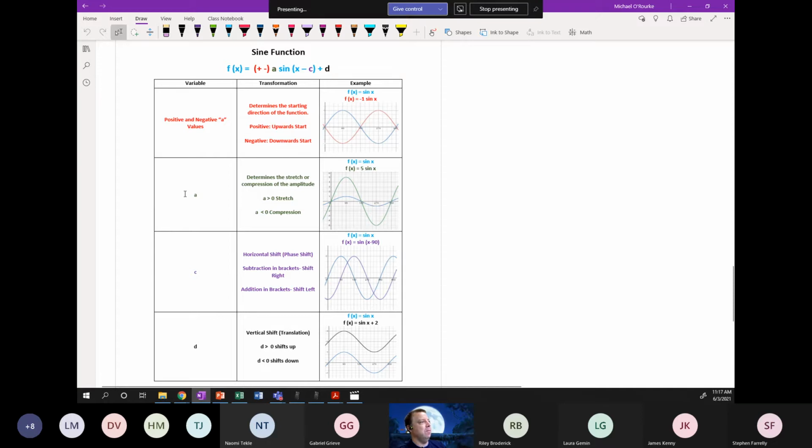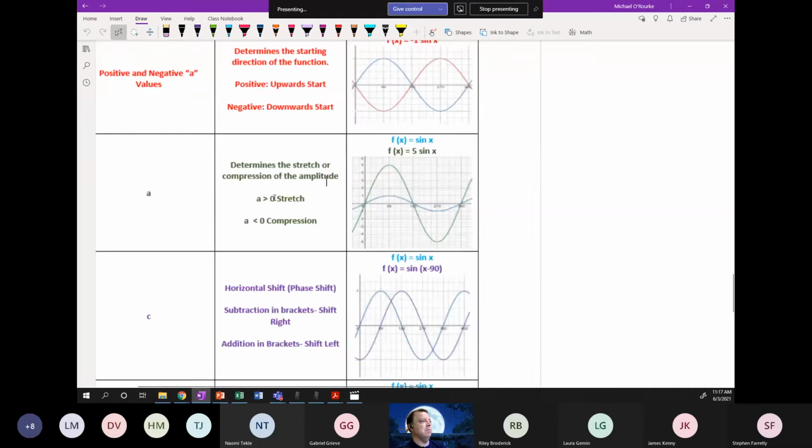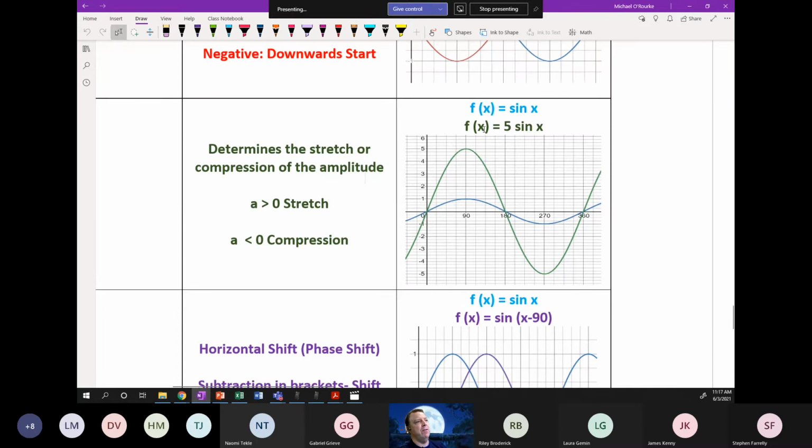Now this one here, we're going to do some questions with it in a second. The A value determines the stretch and compression of the amplitude, so it changes the amplitude. So if it's bigger than 1, it's a stretch, and if it's less than 1, it's a compression. But if you look here, the green one, I can zoom in, I have f of x equals 5 sine x. That means my amplitude is going to be 5.